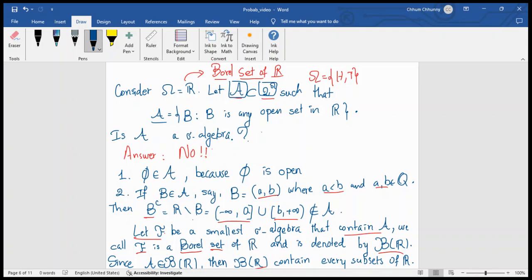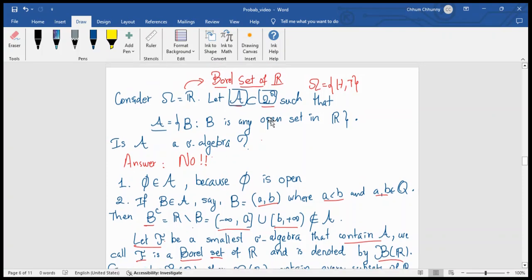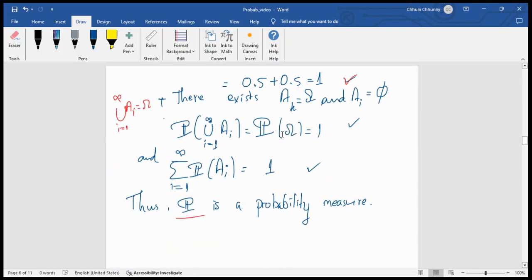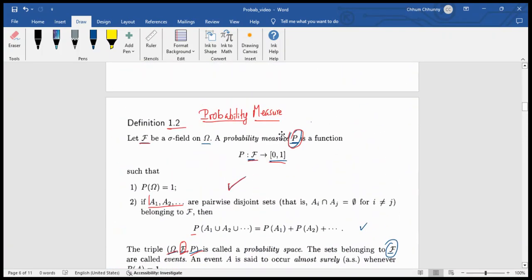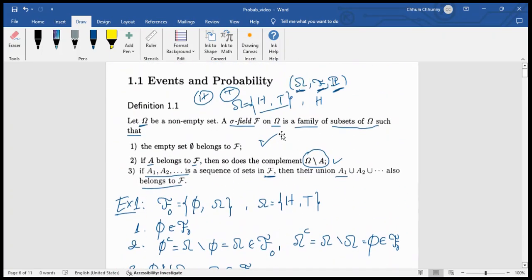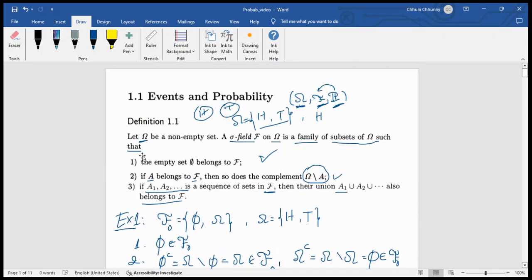To see if A is a sigma algebra or not, let me go back a little bit to definition 1.1, which defines the concept of sigma algebra. Definition 1.1 says: let omega be a non-empty set. It means we have to make sure that our omega, our sample set, is not empty.